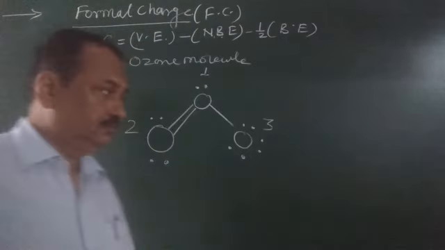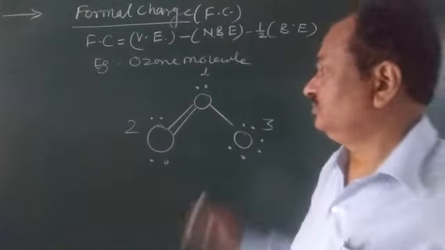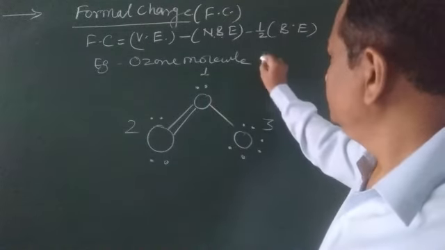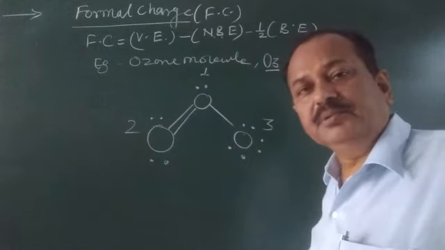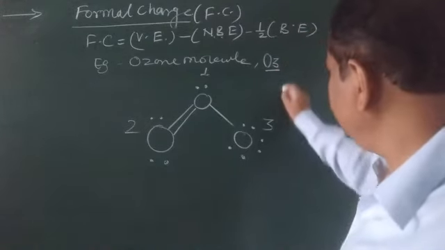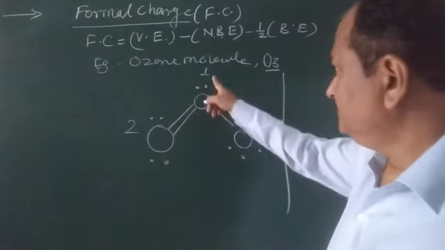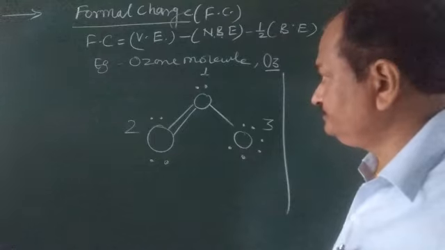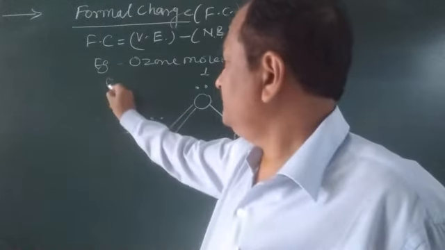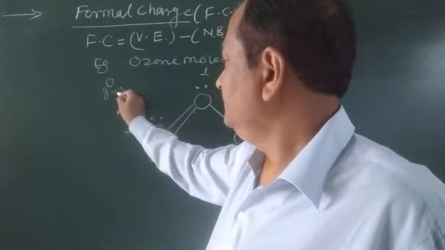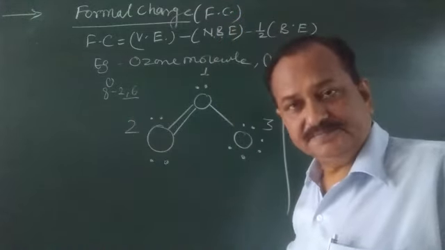See here I have drawn the ozone molecule. Ozone molecule means O3. O3 is made up of 3 oxygen atoms. Here I have drawn this is 1, this is 2, and this is 3. Oxygen has atomic number 8, electronic configuration is 2 and 6.